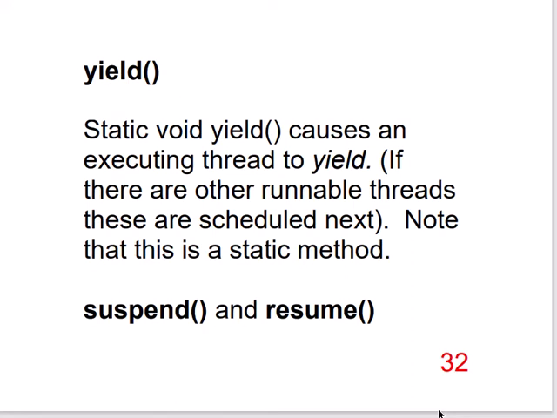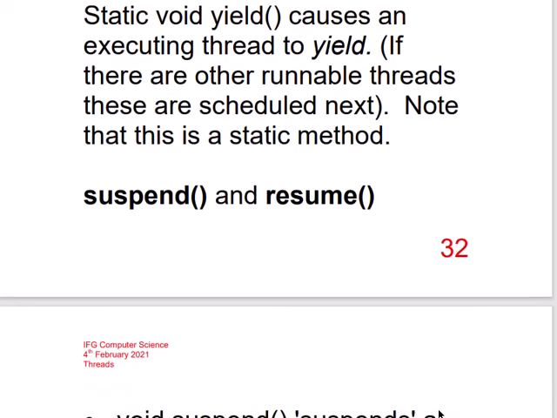It belongs to the class, and if the yield method is executed, it will affect all instances of the class, all objects that have been created from the class. But what yield does is to cause an executing thread to yield to others. If there are other runnable threads, these are going to be scheduled next rather than the thread that's called the yield method.